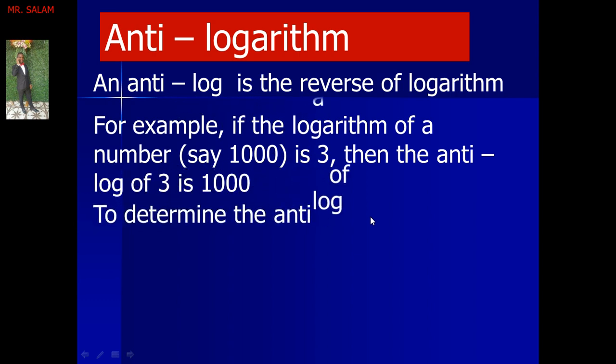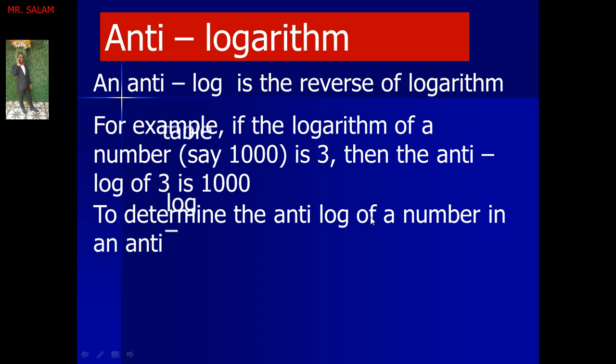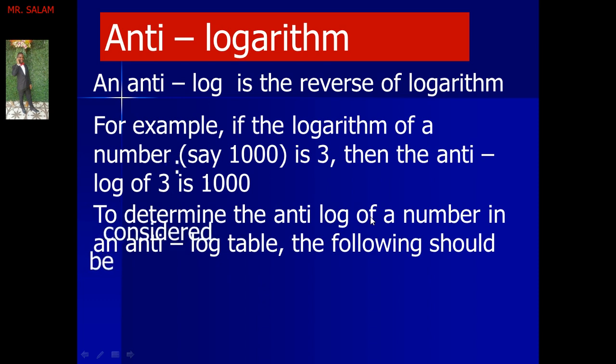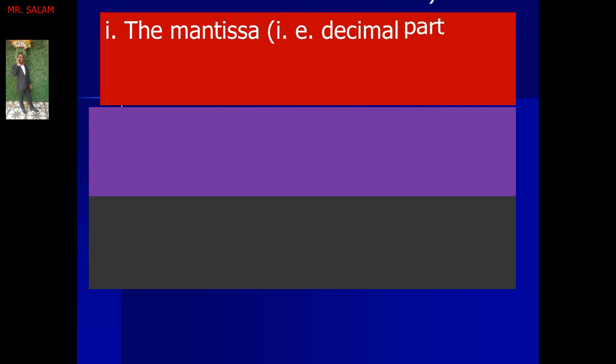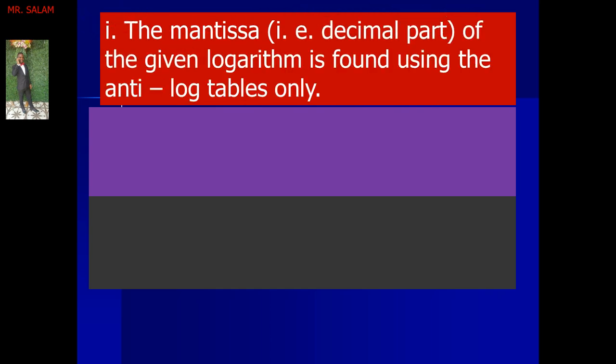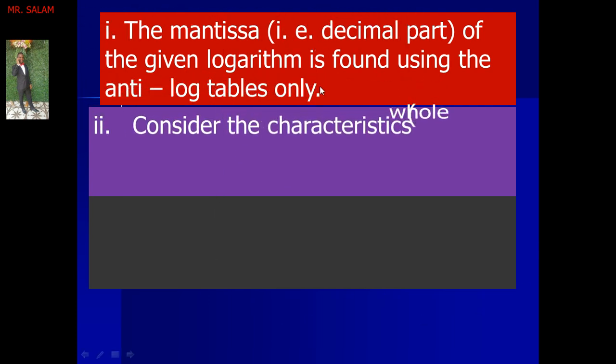Now, to determine the antilog of a number, in an antilog table, what do we do? The following should be considered. Let's look at the first one. Number 1. The mantissa, that is the decimal part of the number, is found using the antilogarithm tables first.